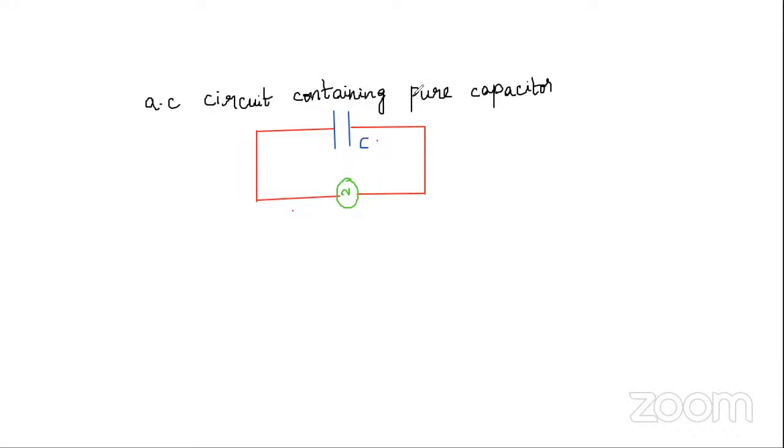This signal is represented by E equal to E naught sin omega t. When you have the pure capacitor alone, what will happen? So how does your equation change? I will be giving you the final equation alone. I am not going in detail into the derivations.